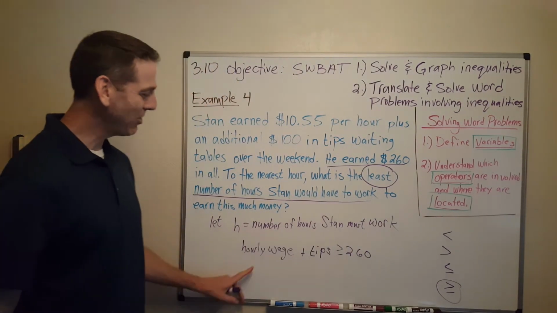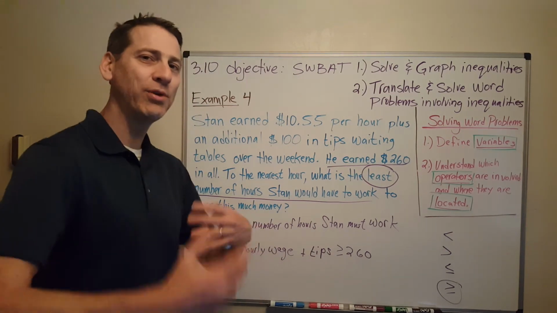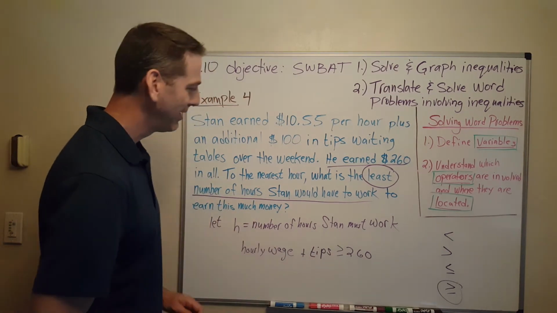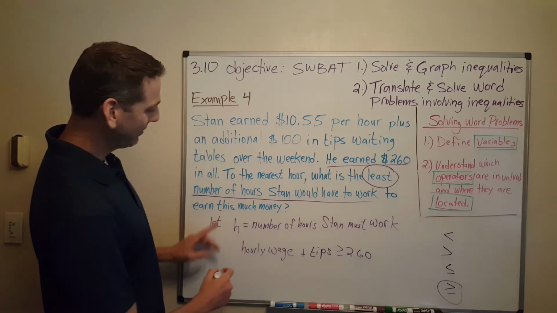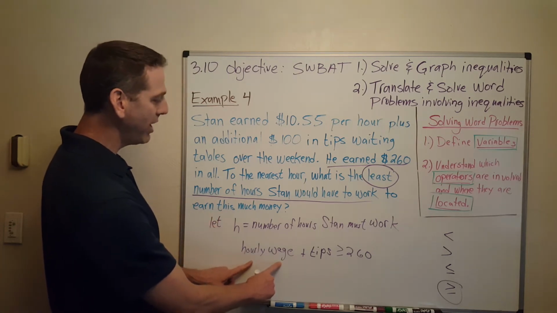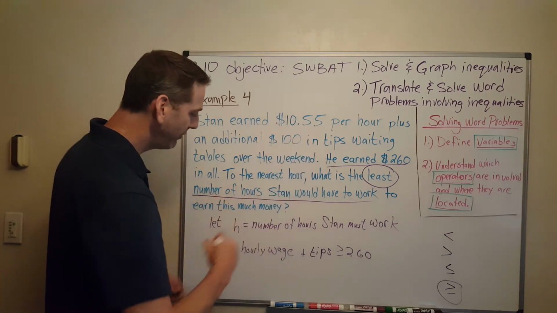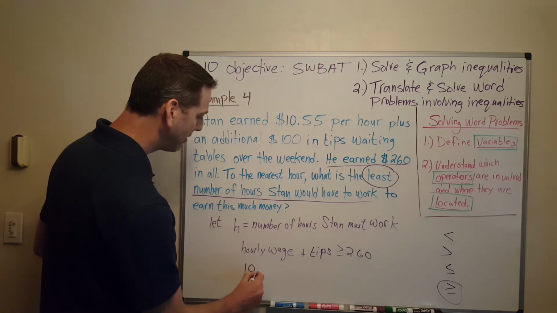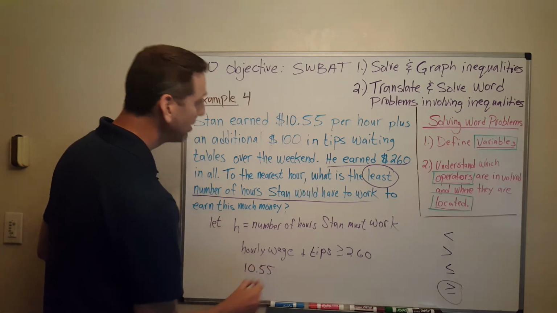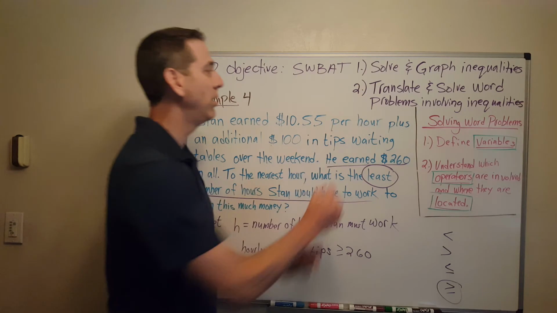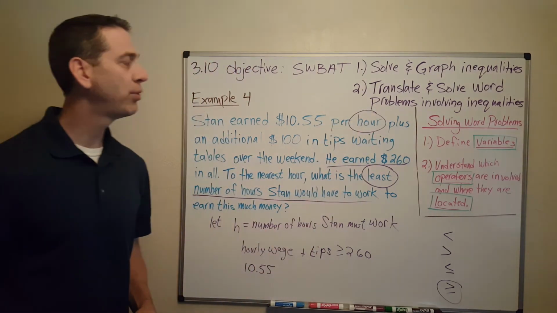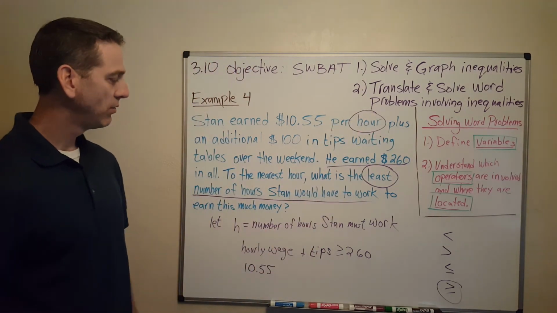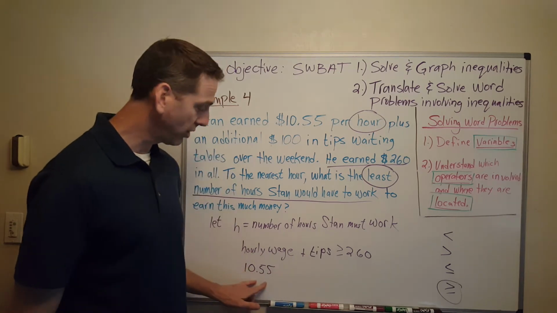All right. So now that we got this written out, let's put in some numbers and variables. Okay? So hourly wage. What's his hourly wage? $10.55 per hour. So if he works 1 hour, he earns $10.55.